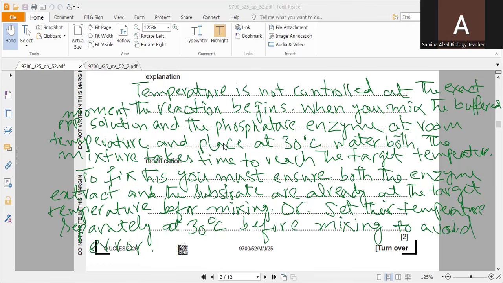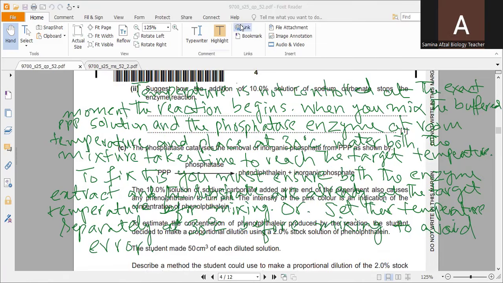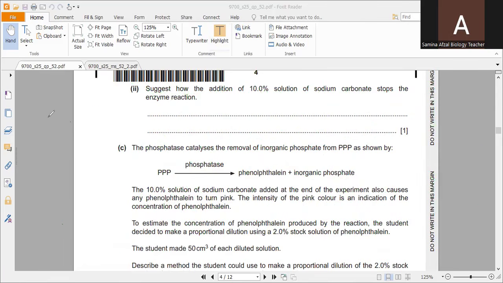Now the next question is, suggest how the addition of 10% solution of sodium carbonate stops the enzyme reaction.